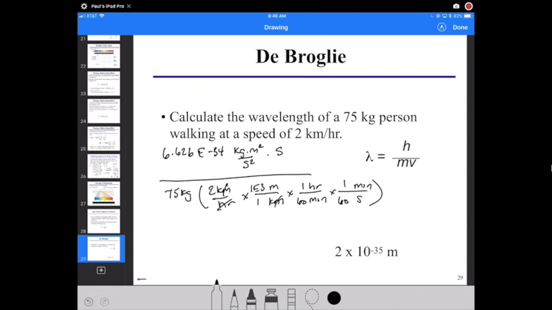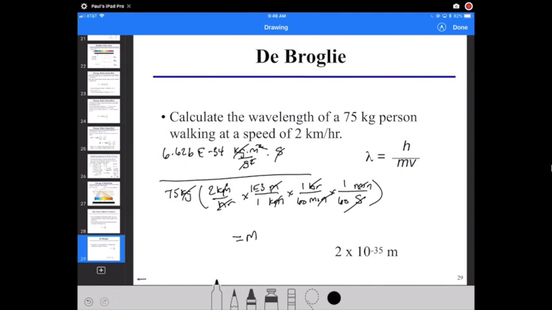And so hours are not there. Seconds are there, because that's what we want. Minutes is what we don't have. I've got meters over second, but then kilometers cancel out. One of those seconds cancels out. The other second cancels out. The meter cancels out, leaving 1 meter, which is what I want.